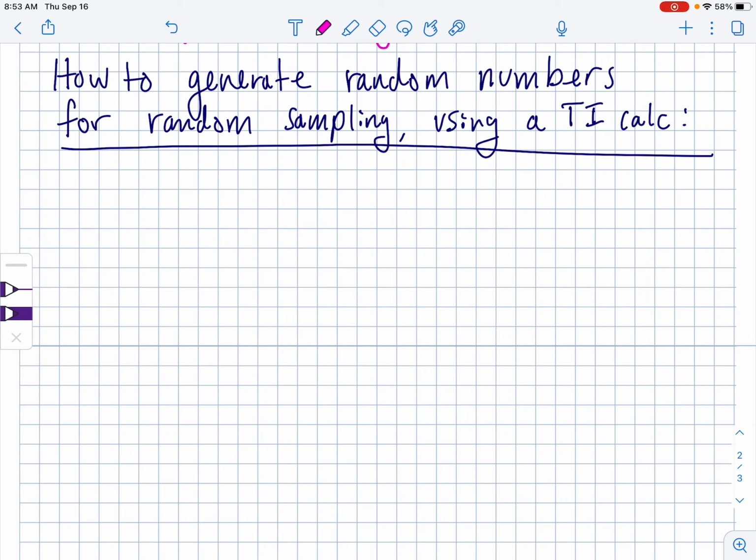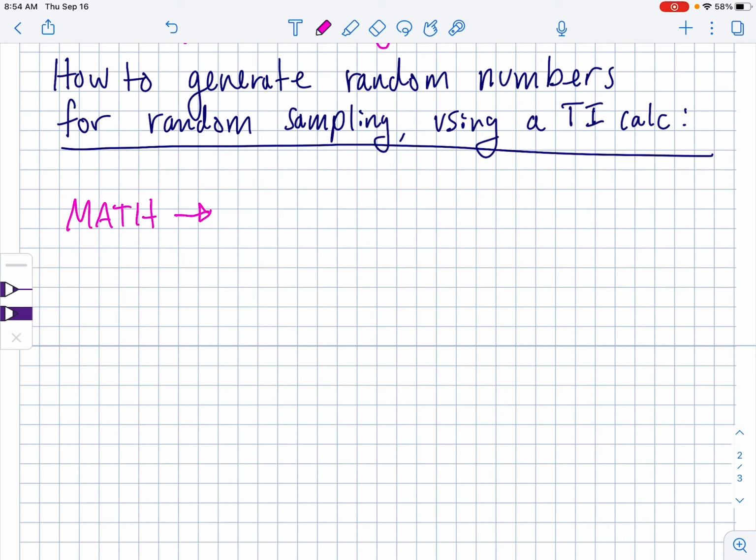Last thing I'm going to show you guys, some of your homework asks you to sample randomly. Random is not just you closing your eyes and pointing at certain numbers. That's not truly random. So I'm going to teach you a way to find random numbers on your calculator. First thing you're going to find is the math button. Press that math button.